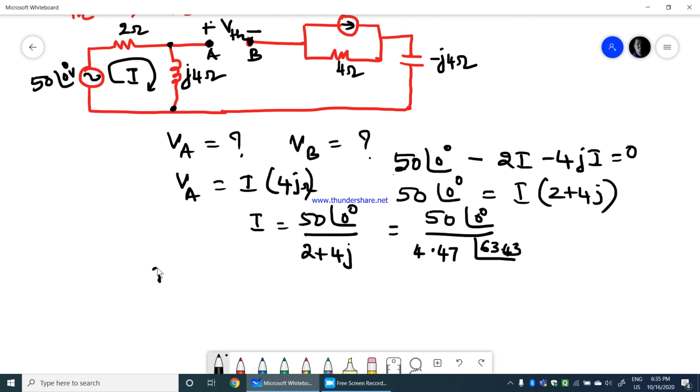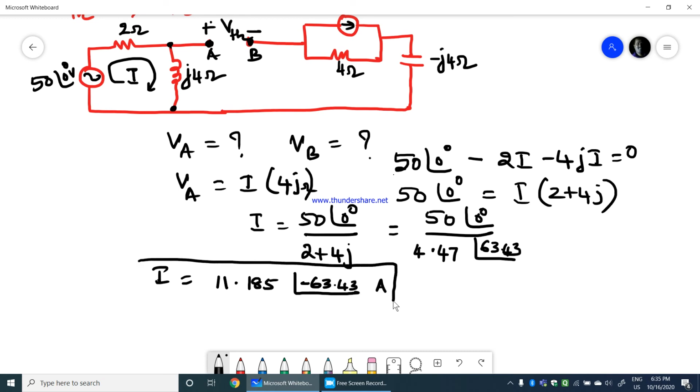Therefore I would be equal to 50 divided by 4.47, which will give you 11.185 at an angle minus 63.43 amps. This is the current value.